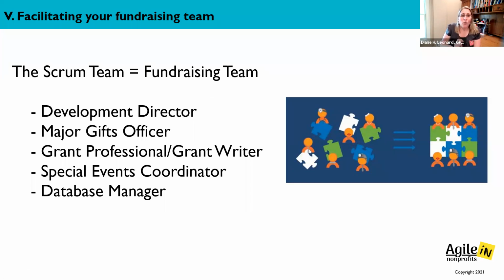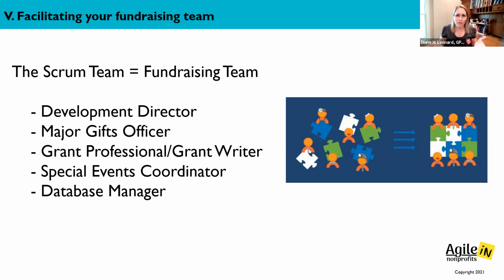So a Scrum team is a team that is focused on one big service goal, product goal, department goal. We could refer to it in a lot of different ways, but the basic point of a Scrum team, we're going to call it your fundraising team, or you could call it your grant team, is that it is a cross-functional team working towards a common goal.